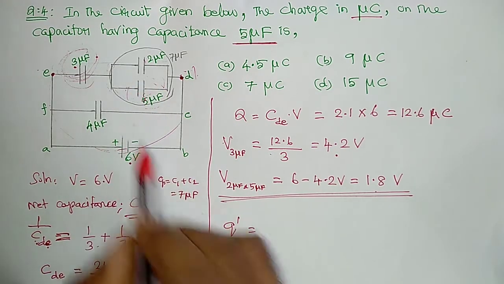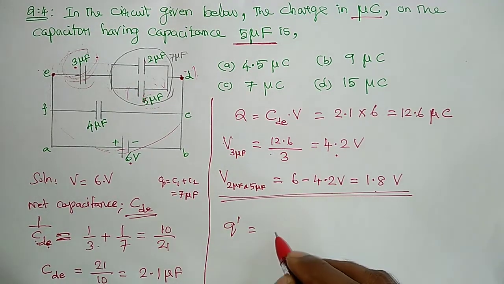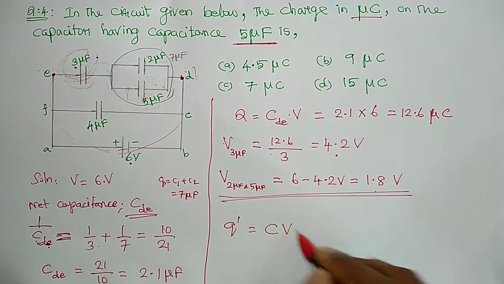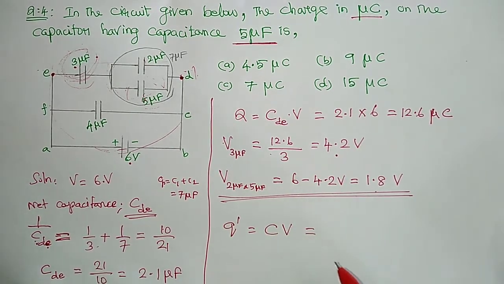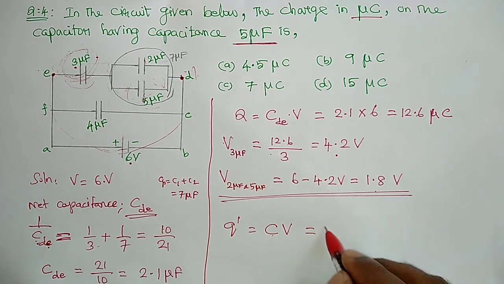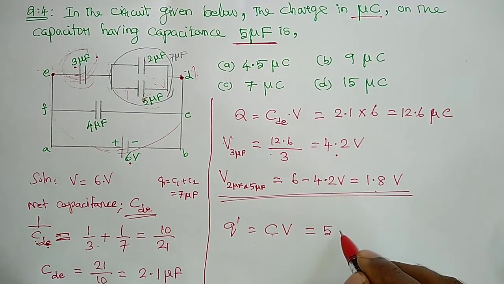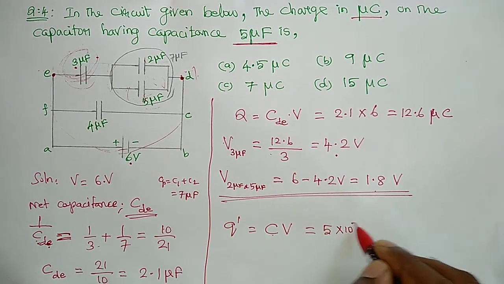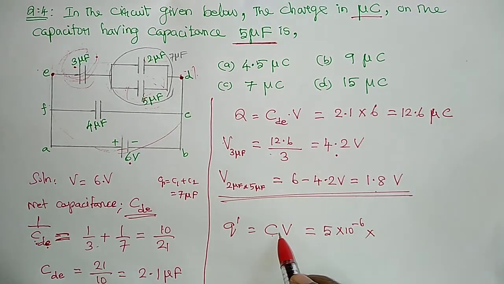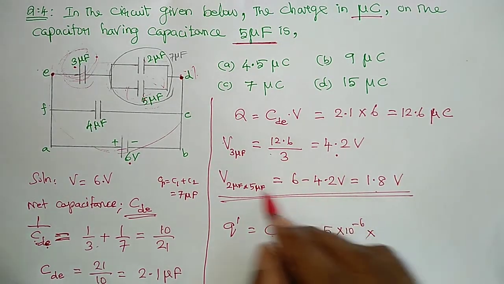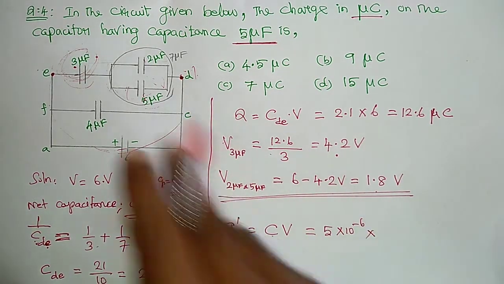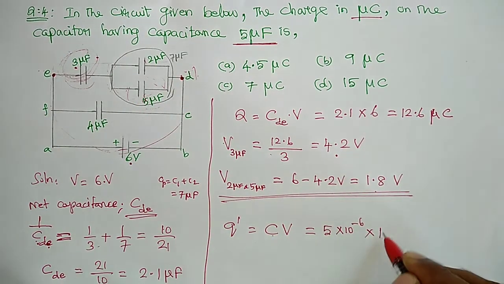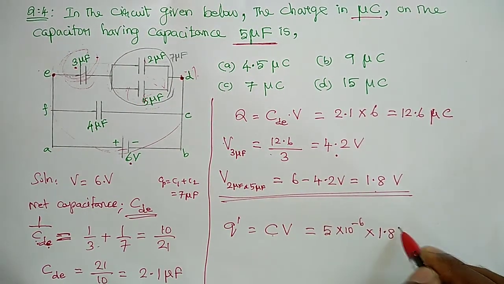But our aim is to calculate the charge stored on the 5 microfarad capacitor. So once again we use the formula Q prime is equal to CV. The capacitance is 5 into 10 power minus 6, and the potential now is 1.8.